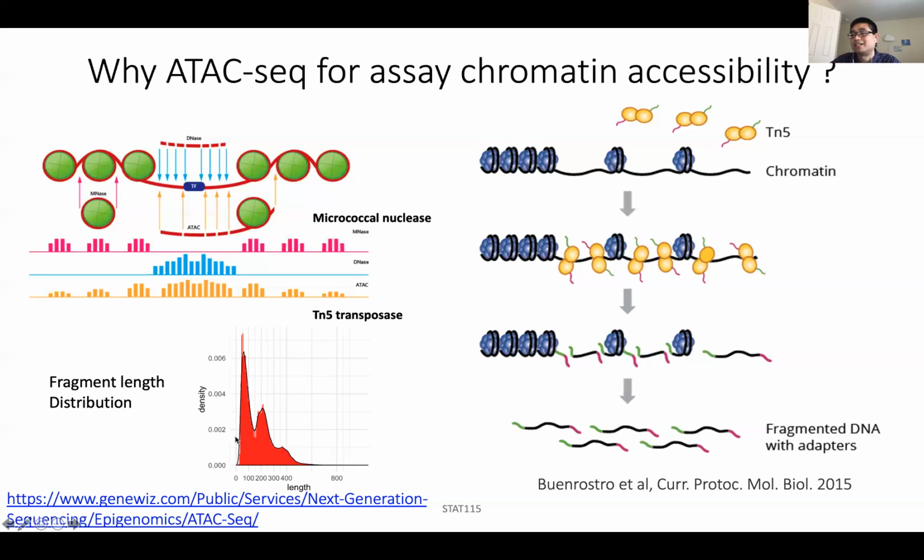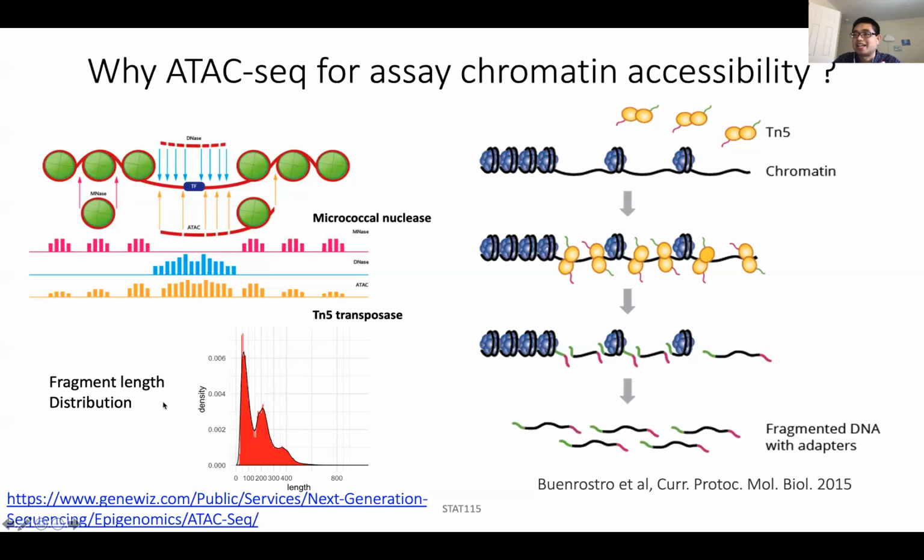You can do it in the lab, and you will find this pattern. You should see a peak smaller than 100 base pair, which indicates the open chromatin region. Then you will see a peak at 200 base pair, which corresponds to roughly the length of one nucleosome. And then 400, which corresponds to two nucleosome lengths.